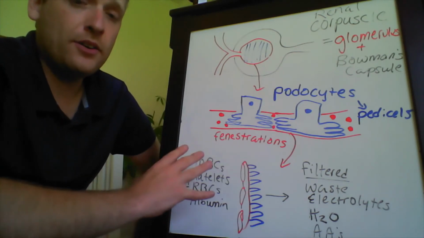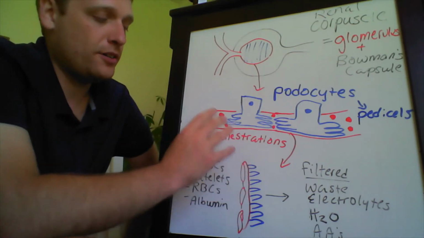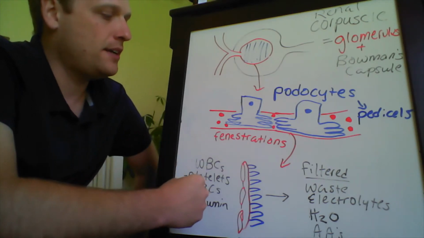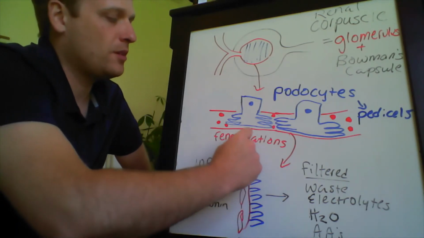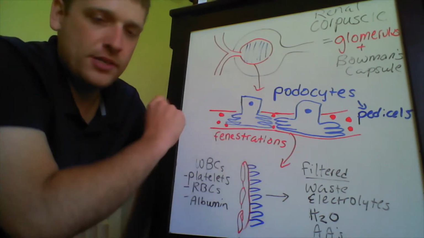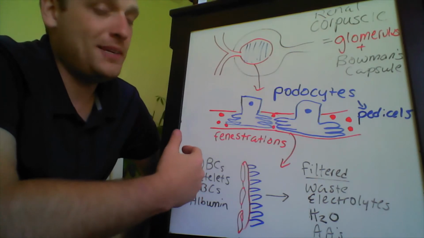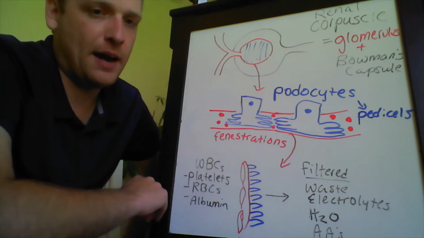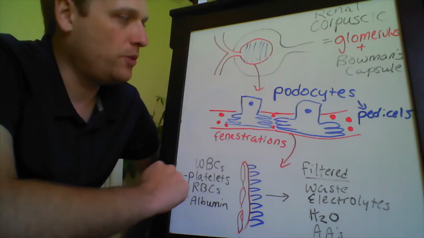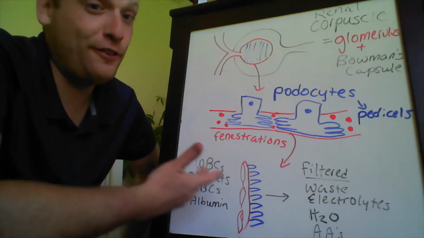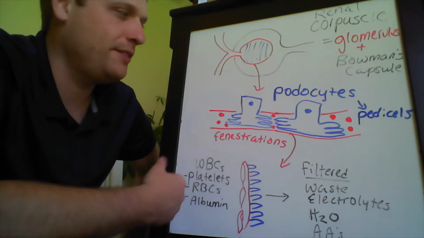Another mechanism, in addition to this filtration membrane, is what are called podocytes. Podocytes are cells that wrap themselves around the glomerular capillaries. The term podocyte actually means a cell with a foot, basically. Pod means foot.